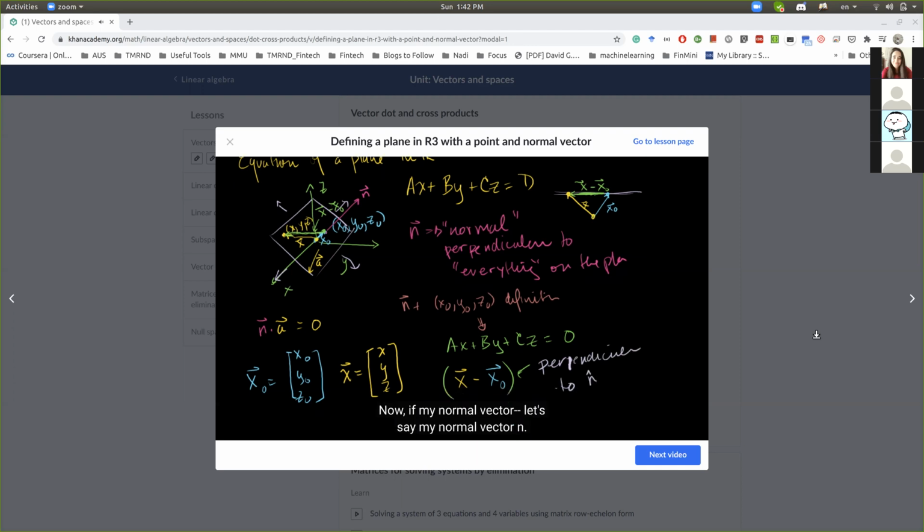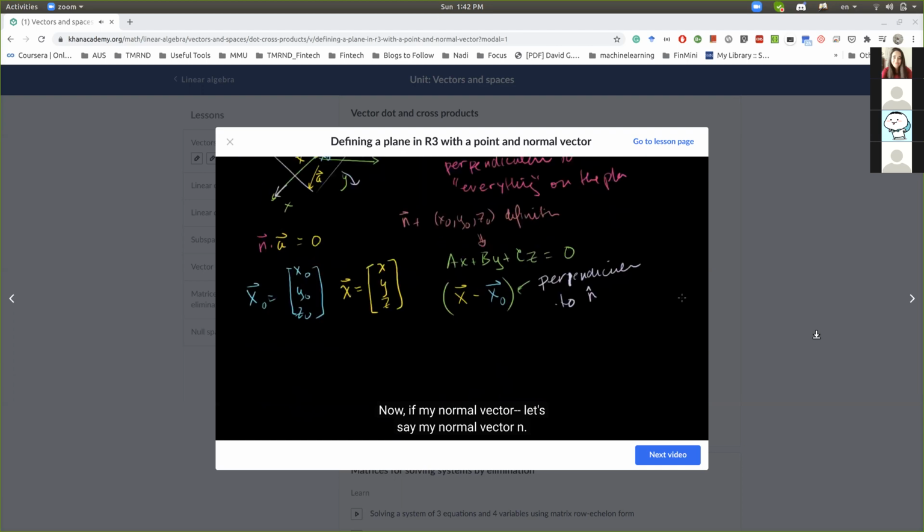Now, let's say my normal vector n. So this vector is perpendicular to this guy right here. It's perpendicular to the vector n1, n2, n3. Now, using this information, how can we get to this type of an expression, just this linear equation of x, y, and z?